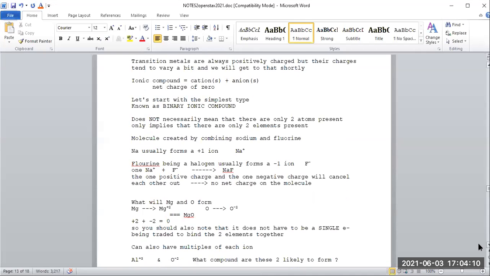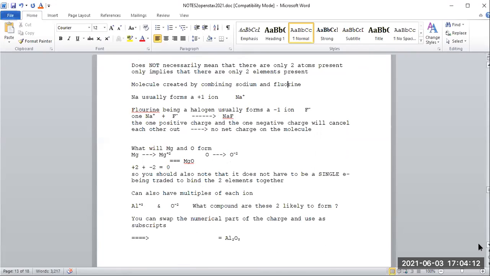What if it was not just one electron that was stealing or giving away? What if you had two electrons being traded? So I picked on magnesium. Magnesium's an alkaline earth metal.